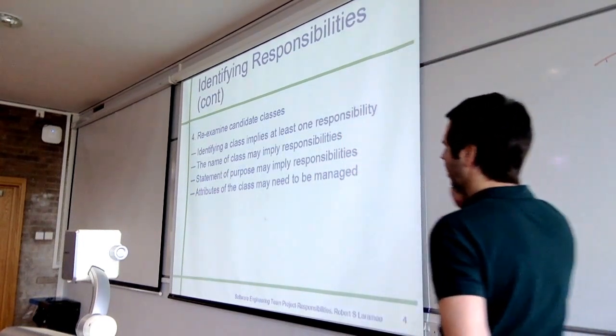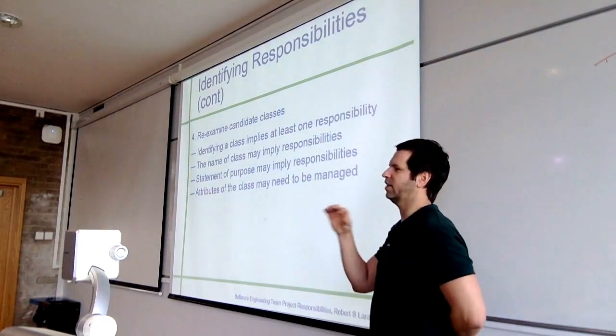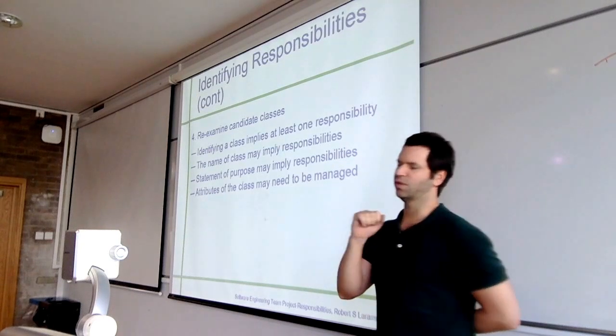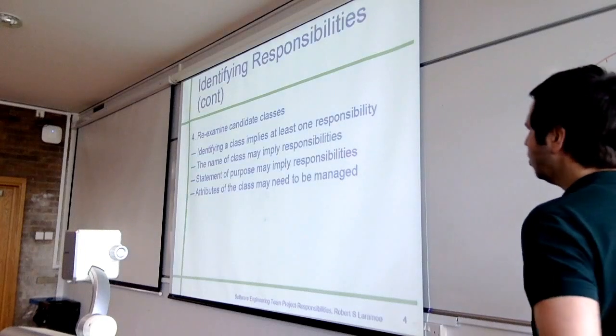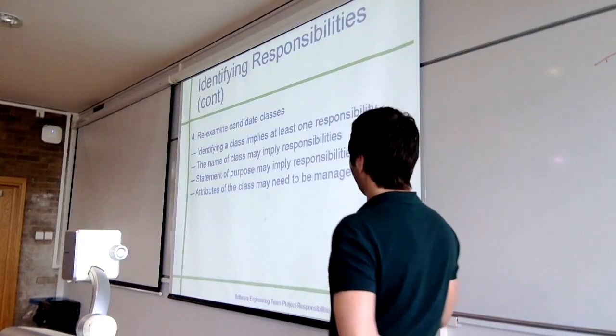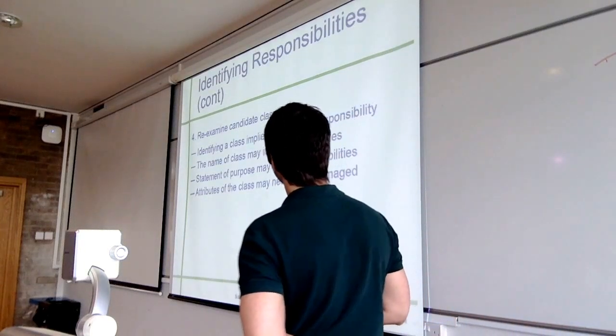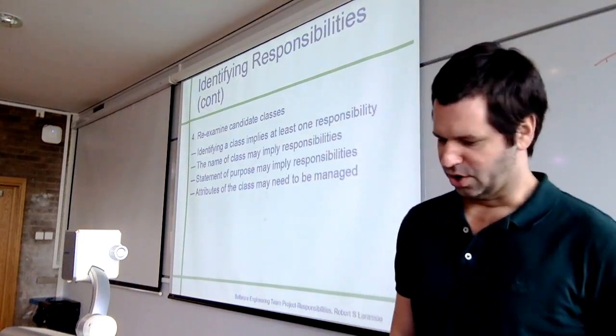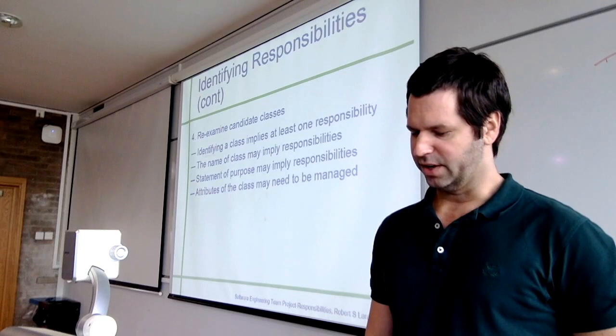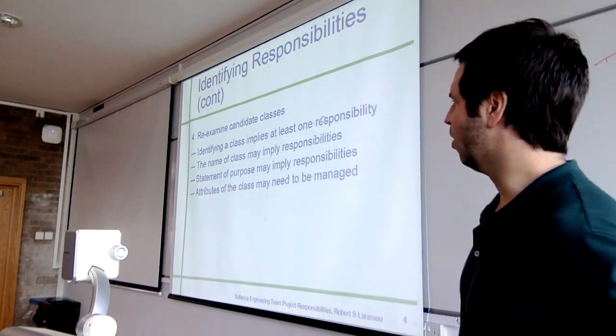So from the last lecture, we learned how to extract classes and objects from a natural language specification or a requirement specification. We look at those candidate classes again, and we make a note of the following: every class has at least one responsibility.